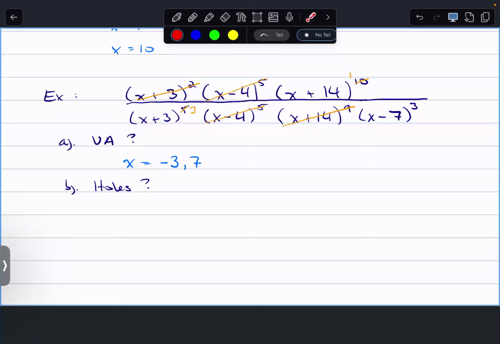So you have a hole at x equals 4 and at x equals -14. It's all about working those powers and simplifying, and remembering what a vertical asymptote is versus a hole. Is that good?